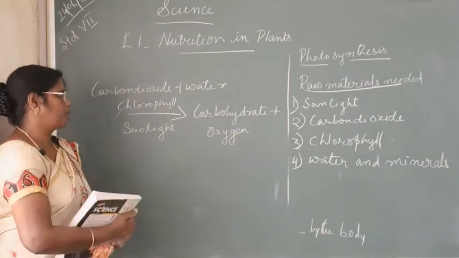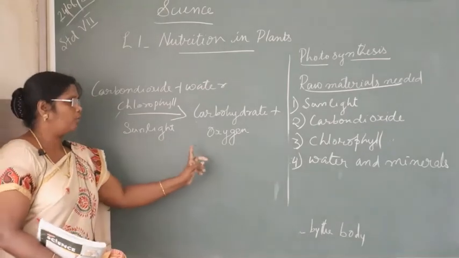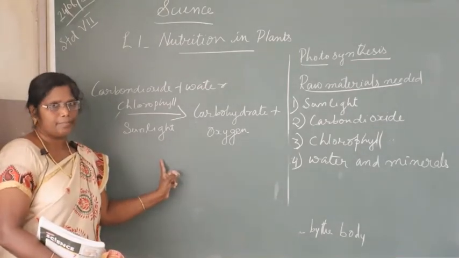So during the process of photosynthesis, carbohydrate is produced and oxygen is also released.